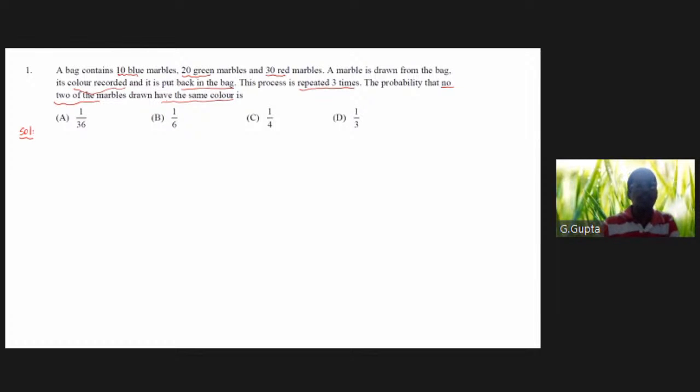Total marbles is 10 blue, B stands for blue, plus 20 green, G stands for green, plus 30 red, R stands for red, equal to 60 marbles. Every time one marble is picked and put back into the bag after seeing the color.